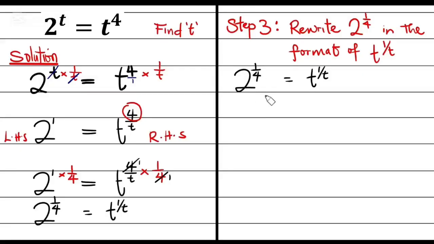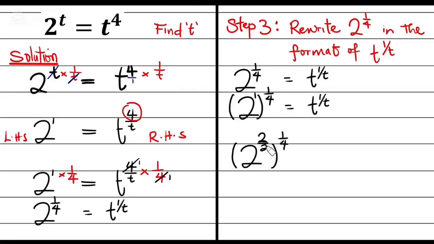The manipulation we're going to use here is to say 2 raised to the power of 1, and separately the power, that is 1 over 4. As it is, we can say 2 raised to the power of 2 over 2, which is still the same thing as 1, and the previous power of 1 over 4 is still there.